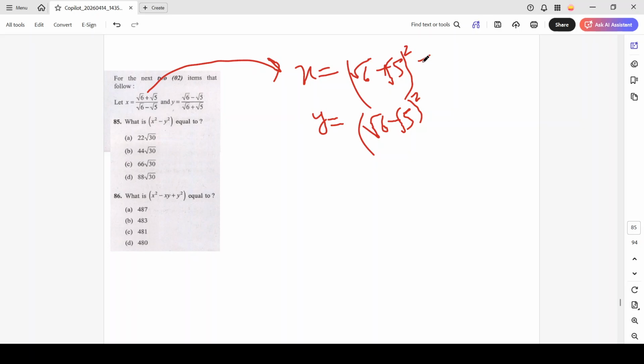And if I just expand it, what will it become? 6 plus 5 is 11, 11 plus 2 root 30, and 11 minus 2 root 30.